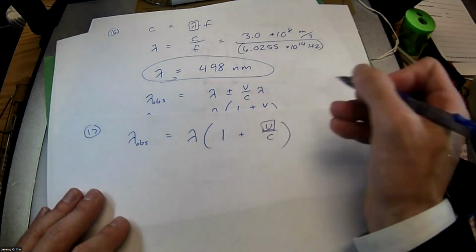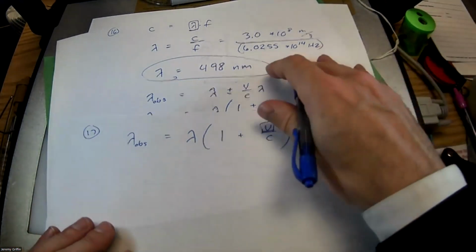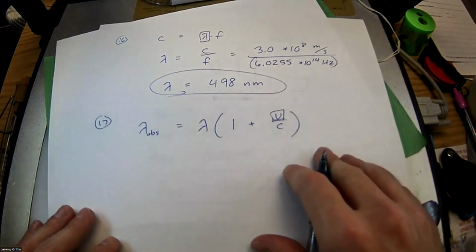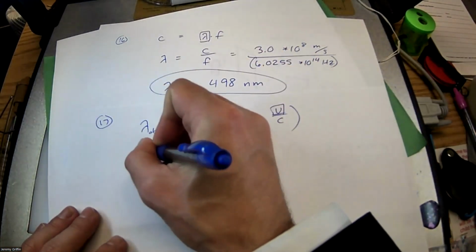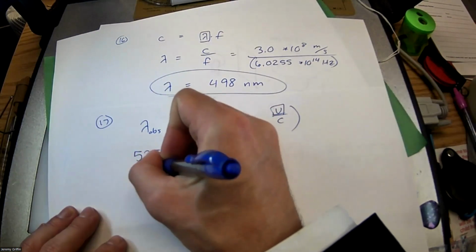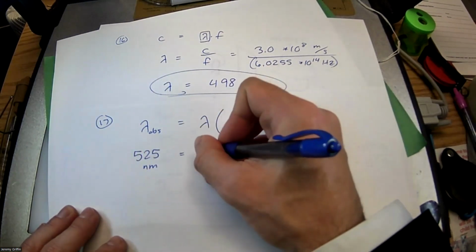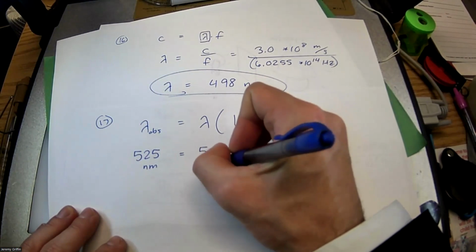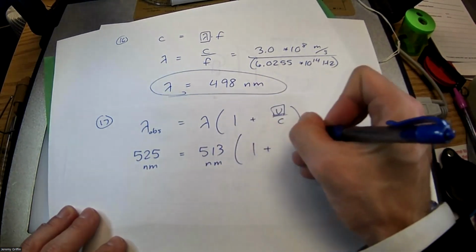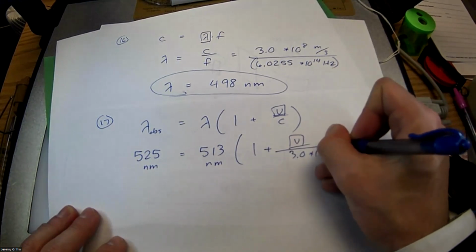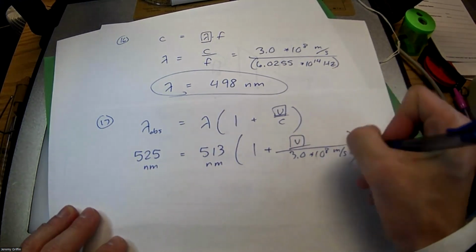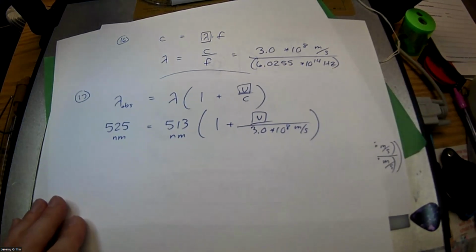And we're solving for this v, and we should know everything else. So I'm plugging the numbers in first on this one. We observed 525 nanometers, but in the lab it says 513 nanometers. 1 plus v that we're solving for, compared to 3 times 10 to the 8 meters per second.